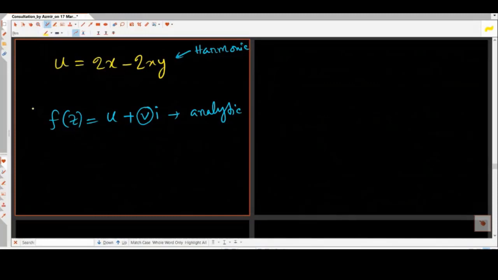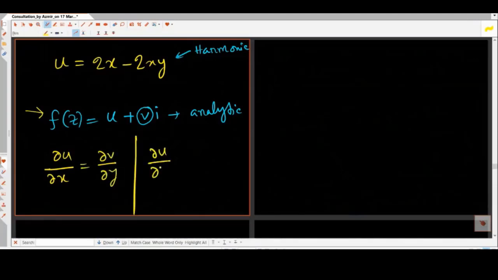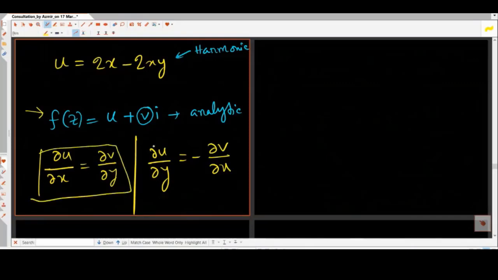So since the main function f of z is analytic, we can say that this function will satisfy the Cauchy-Riemann equations, that is du dx equals dv dy, and du dy equals negative dv dx. These are the Cauchy-Riemann equations in rectangular form because we have x and y here.